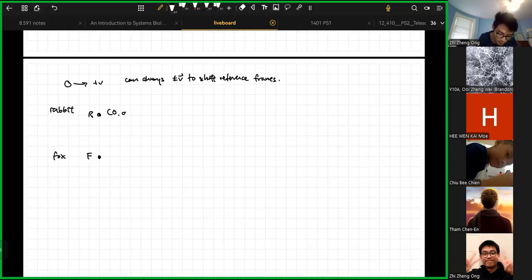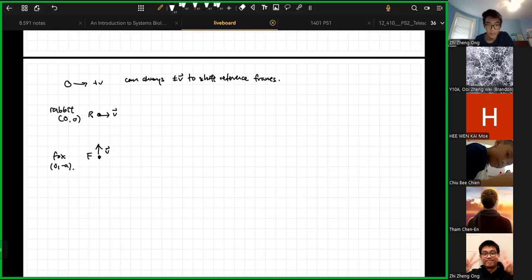So there's 0, 0, and 0, -a. Suppose the rabbit starts running to the right. At the same time, because the fox always chases the rabbit, it always moves towards the rabbit, with velocity v.